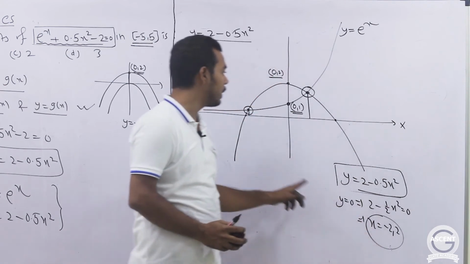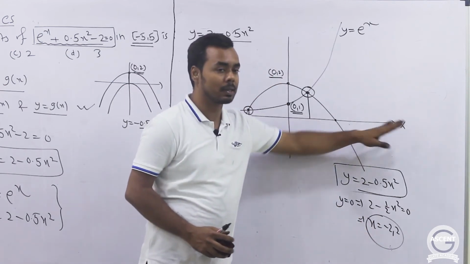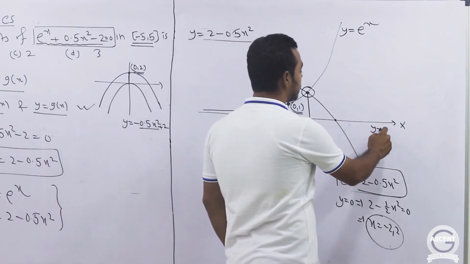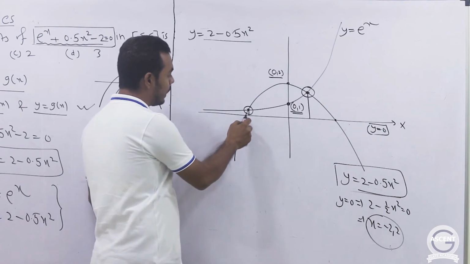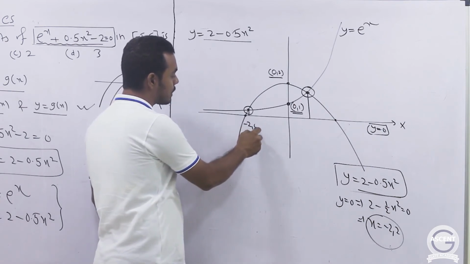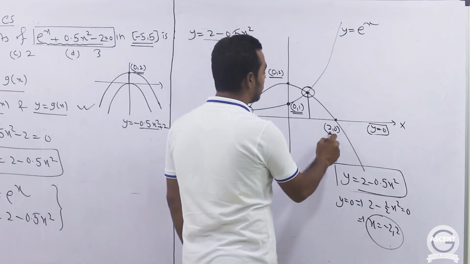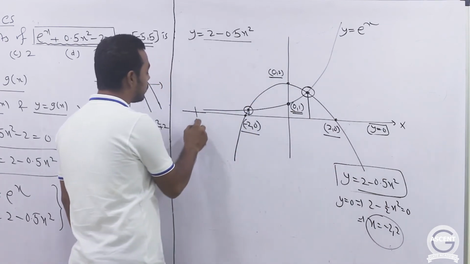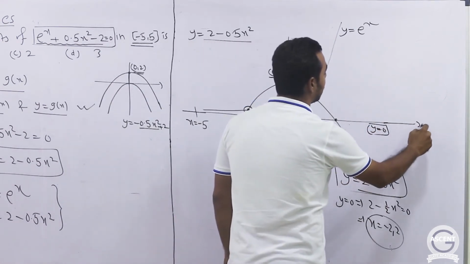These are the points of intersection of this downward parabola with the x axis, because y equals 0 is the equation of the x axis. So the points where this parabola crosses the x axis are minus 2 comma 0 and 2 comma 0. So x equals minus 5 will be somewhere here, and x equals plus 5 will be somewhere here.